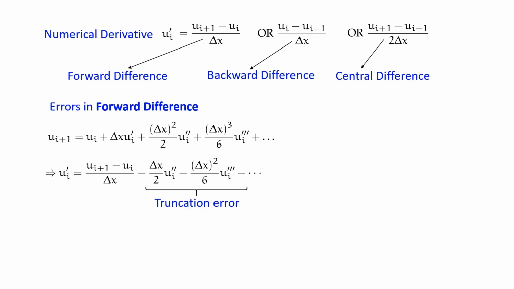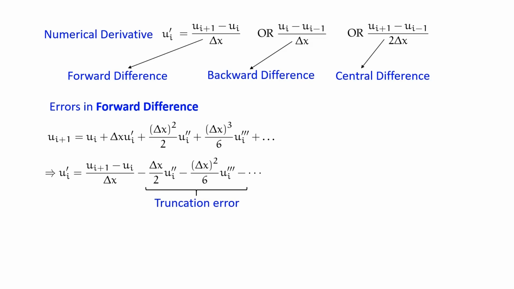This something is what we call truncation error. This error is coming because we are truncating the Taylor series. That is why we call it truncation error. And this truncation error starts from delta x by 2 u i double prime, then delta x square by 6 u i triple prime, etc. So there will be many more terms in truncation error, but we hope that this delta x by 2 u i double prime will be the dominating term.